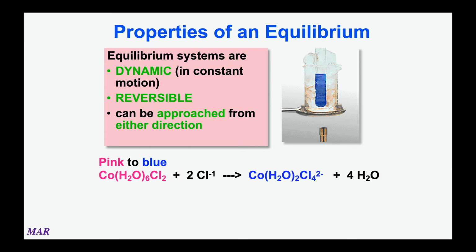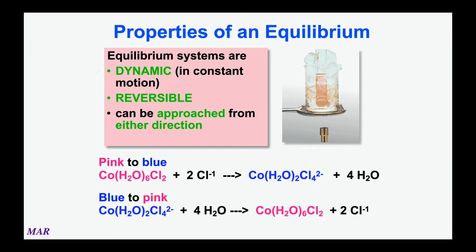However, we're going to see this reaction is reversible. Like we talked about, there's no reason for us to think exclusively as reactants on the left and products on the right. So the second reaction here is the same cobalt complexes, but now we've reversed the previous reaction. This is now the blue cobalt going to the pink cobalt, all right?